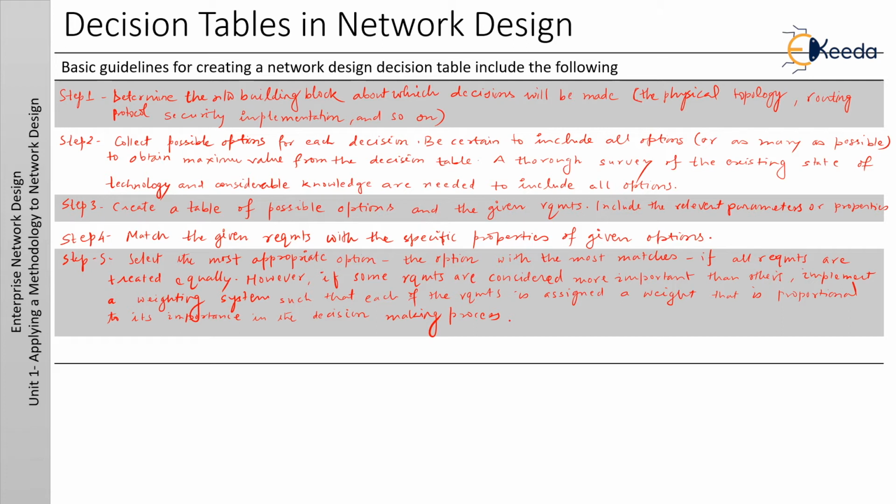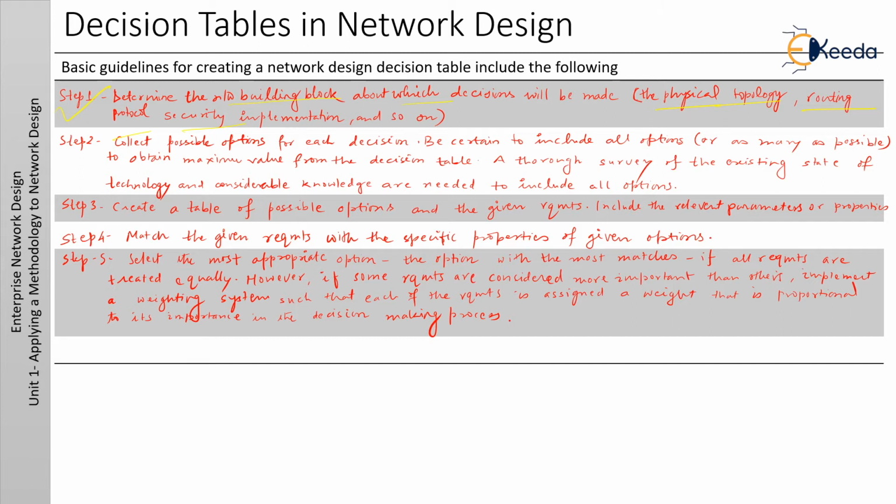Basic guidelines for creating a network design decision table include: the first step is we need to determine the network building block about which a decision will be made, such as the physical topology, routing, protocol, security, implementation, and so on.